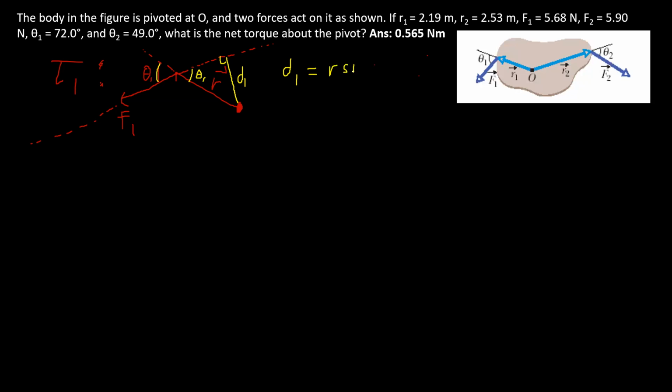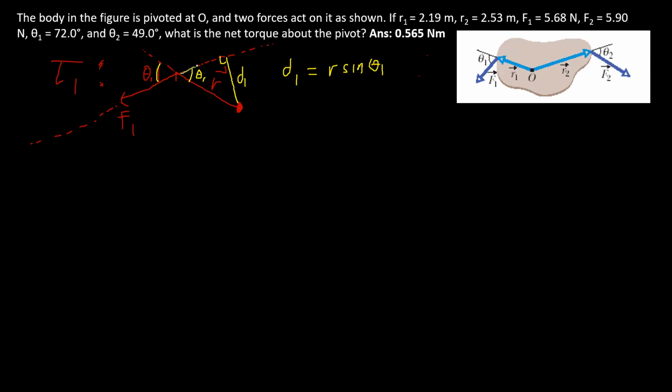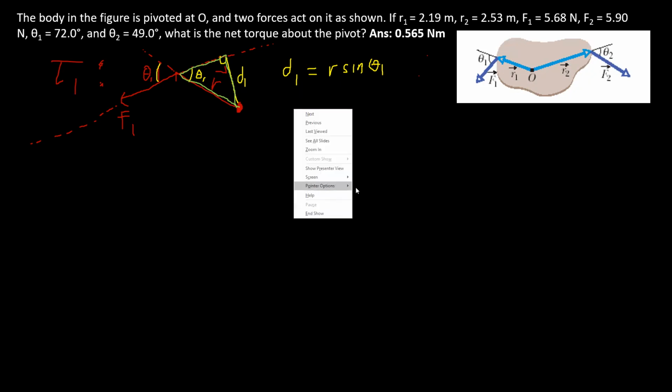R sine theta 1. Because if you just focus on this right triangle, let me use a different ink color and trace out the right triangle I'm referring to. This one, this is the right triangle I'm referring to. Clearly, D1 is opposite of the angle theta 1, and R is the hypotenuse. So D1 is R sine theta 1.